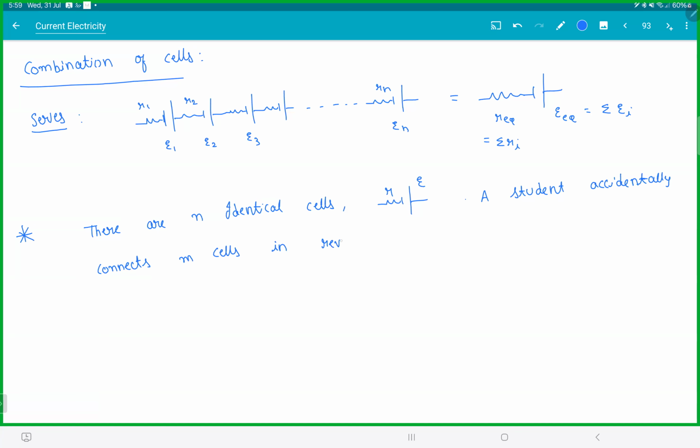Instead of keeping all of them in the same polarity, m cells were in reverse polarity. Then what will be the equivalent EMF and equivalent resistance? This was also a question in the exam. Yeah, it's a standard one.